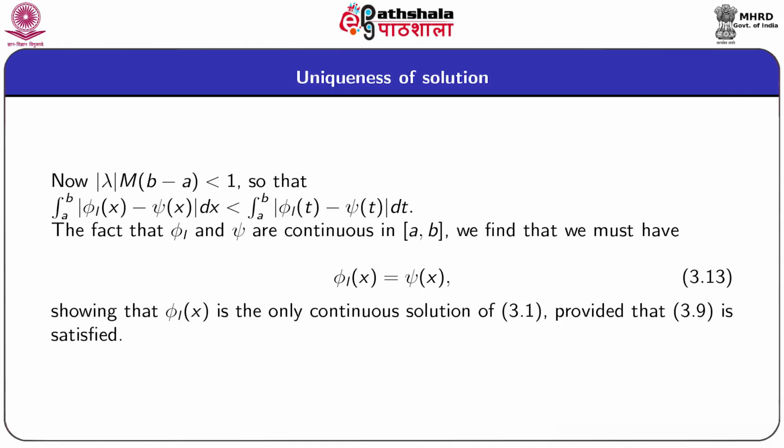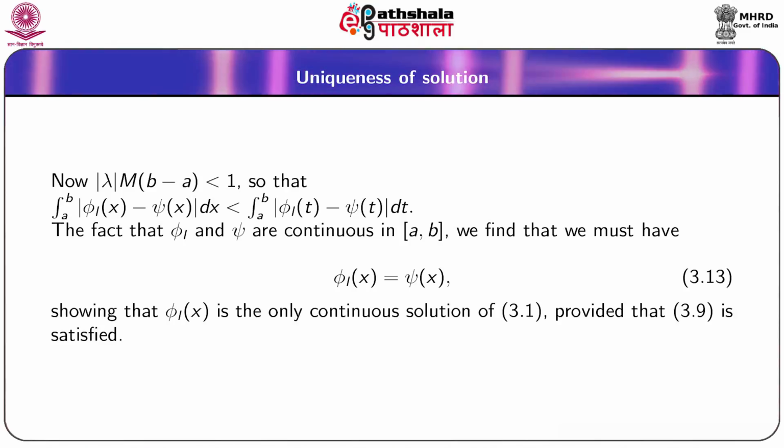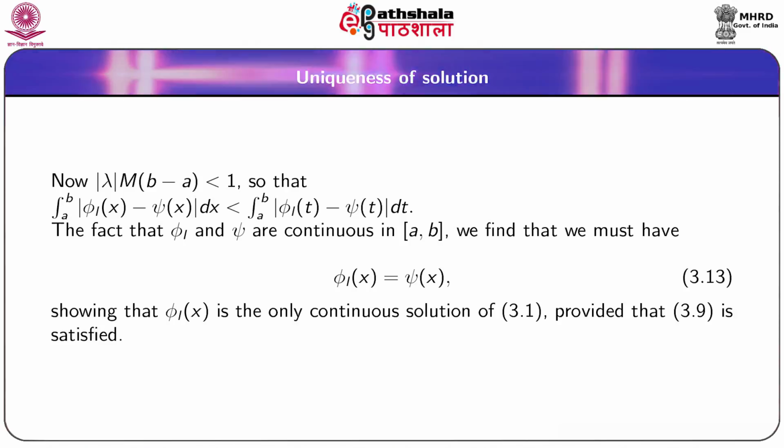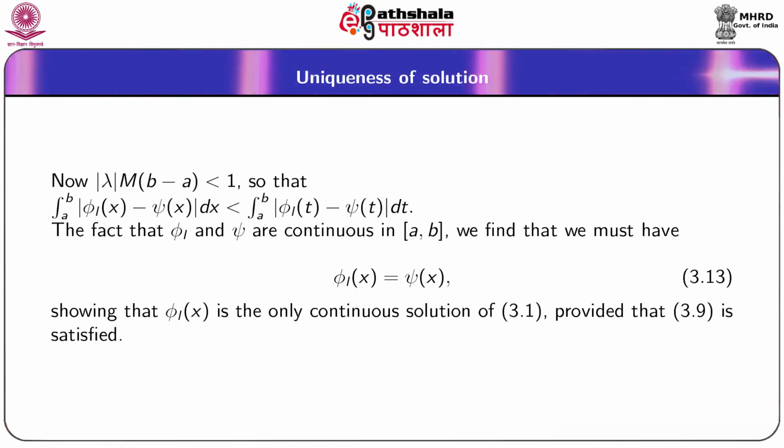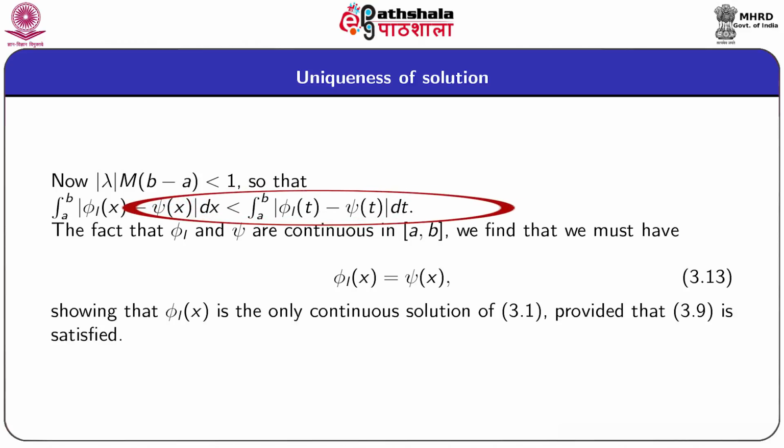If you recall equation 3.9, you will find that the expression mod lambda M into b minus a is strictly less than 1. So, if we use this, then we find that the left hand side of equation 3.12 is strictly less than integral a to b phi L t minus psi t, its absolute value, into dt.